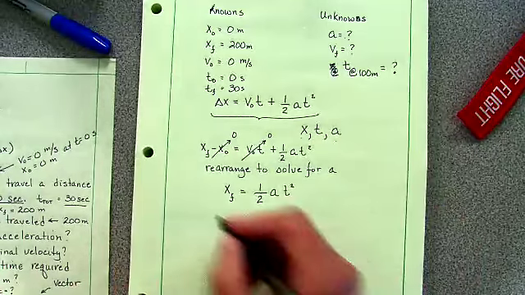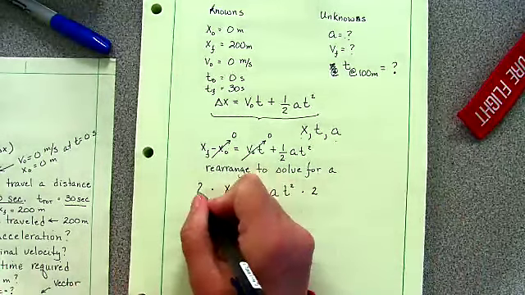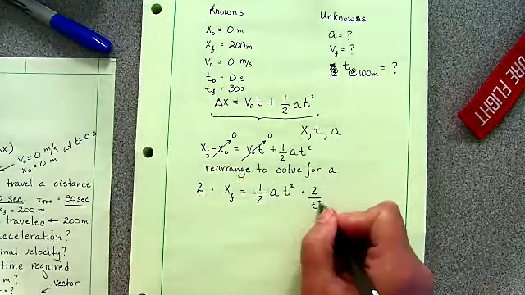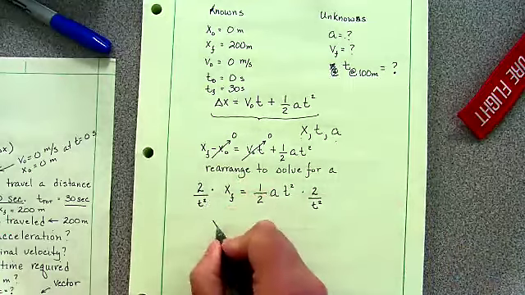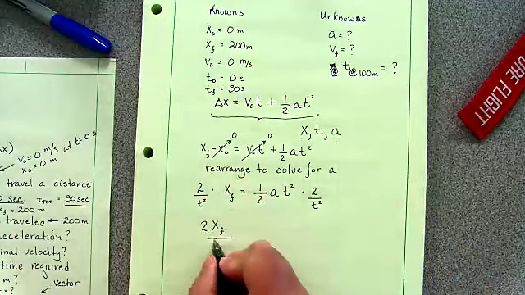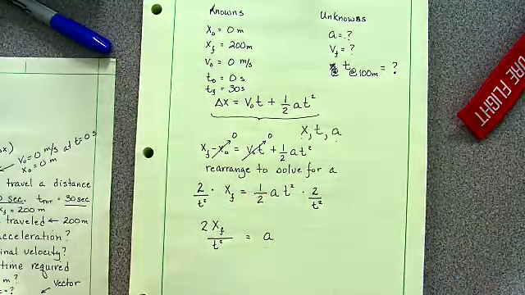So I'm going to multiply both sides by 2. And I'm going to divide both sides by t squared. So now I have 2 times my final position divided by t squared is equal to acceleration.